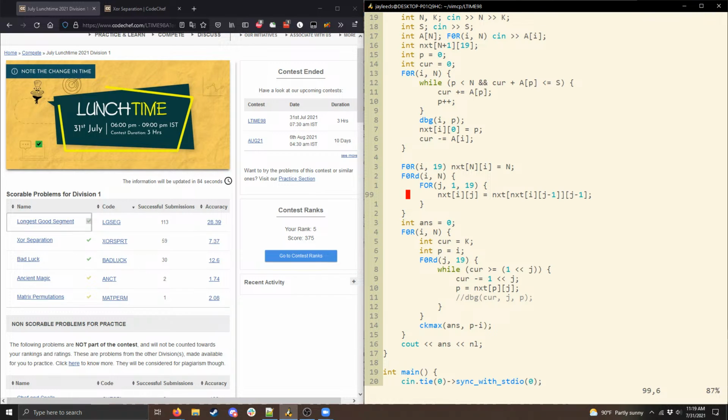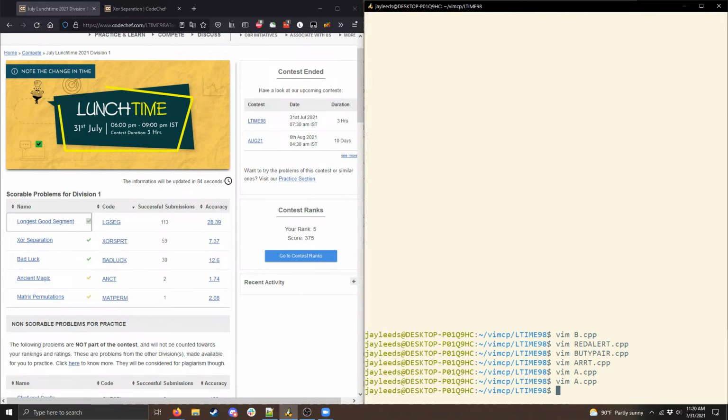The idea is that if we're trying to get the position after k segments, we iterate over the powers of 2 in decreasing order, and for each power 2 to the j, while we can take 2 to the j segments, we subtract that number of segments, and then we take 2 to the j segments by setting p to next of p of j. I'm not sure what a binary search approach would look like, but this shaves off a log factor, so n log n.